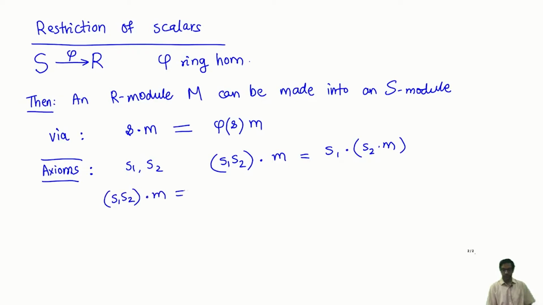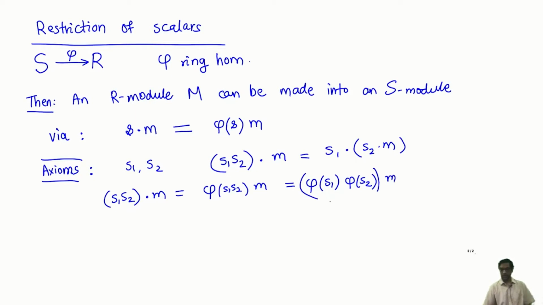By definition, you apply phi to s1 s2 and then act on m using the R module structure on M. But now phi is a homomorphism. This is the first place where we need to use it. This is phi of s1 times phi of s2, a product of these two elements in R, and it's this product acting on m.